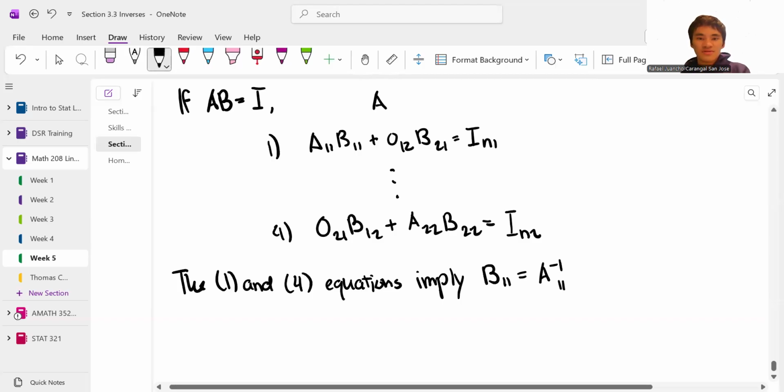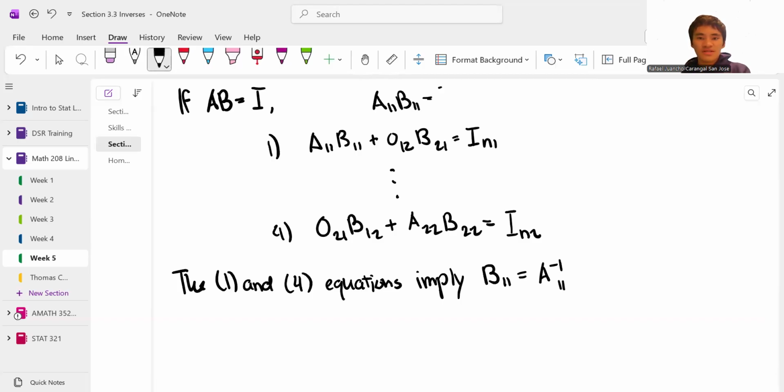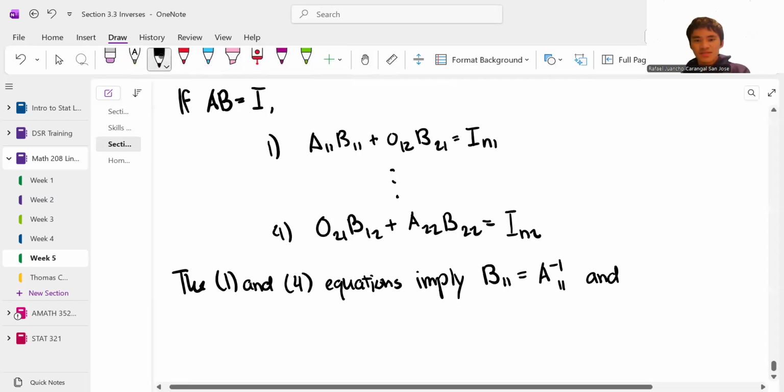Well, the first equation, if we solve it, A11 B11 is the identity. And so we just say that this B is the inverse, and that would satisfy this matrix equation, right? And similarly, for the fourth, B22 is actually just A inverse 22.